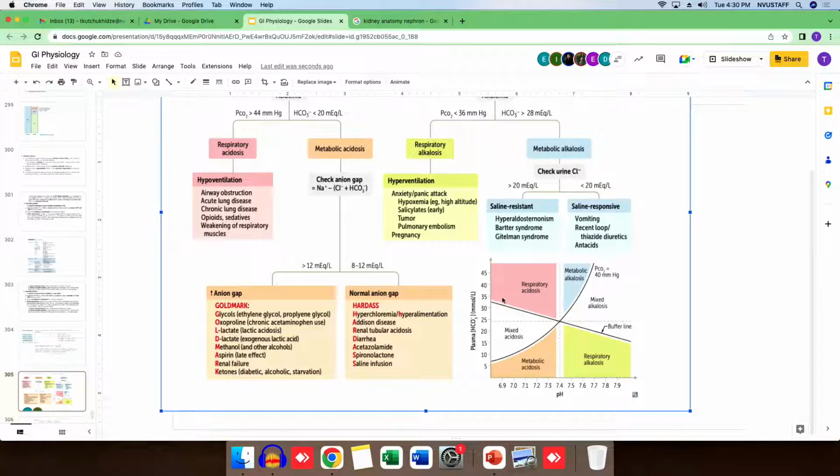Here, respiratory acidosis is rising in the partial pressure of CO2, right? And both of them we can have mixed acidosis, meaning that bicarbonate can also rise at some point, the partial pressure can rise, and the pH will be low.